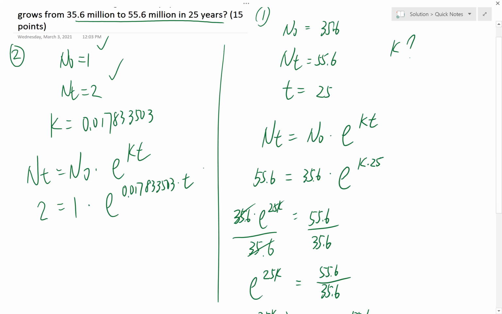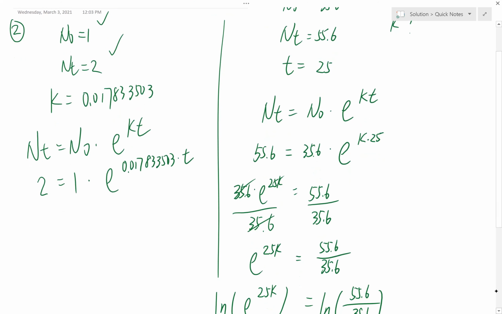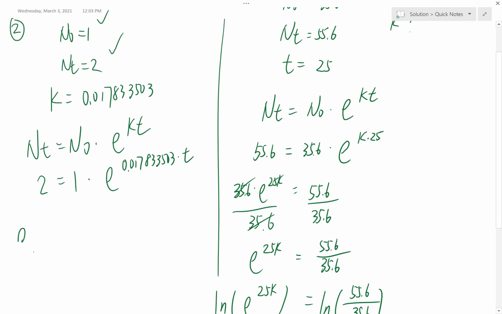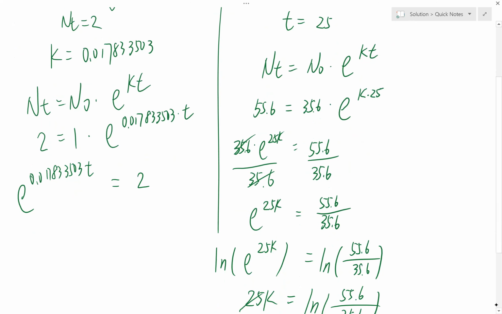That's T. Okay. And from there, reverse order, we get e raised to 0.017833503 T equal to 2. Now we're taking the LN from both sides of the equation one more time to get rid of the base e on the left, equal to LN of 2.